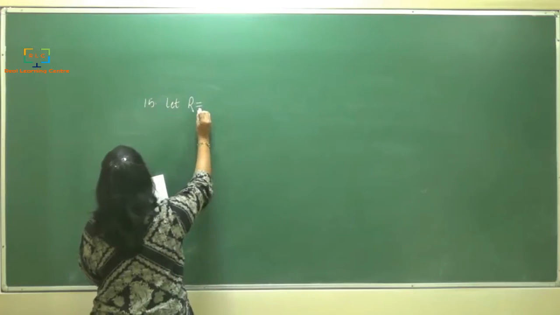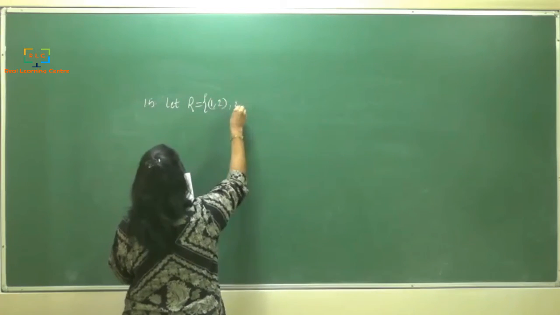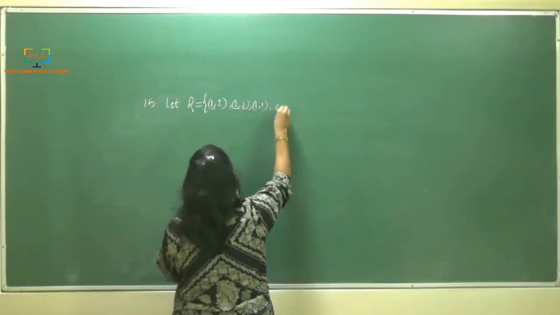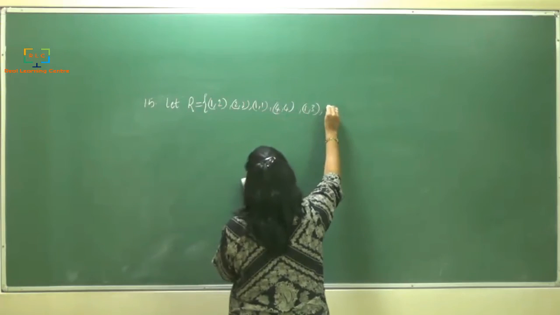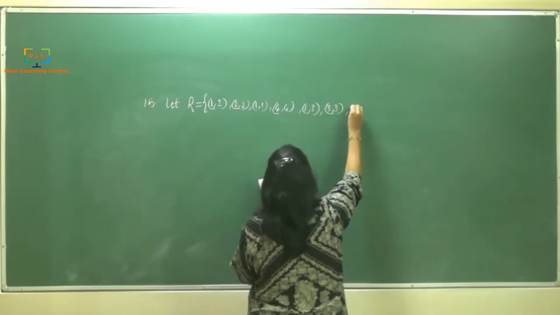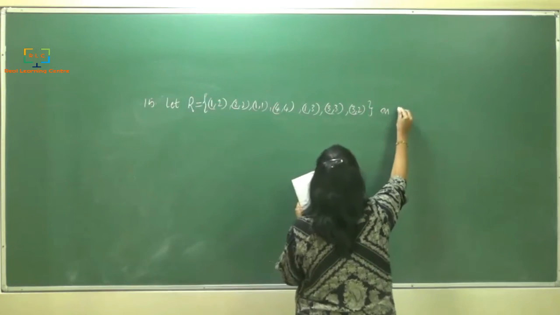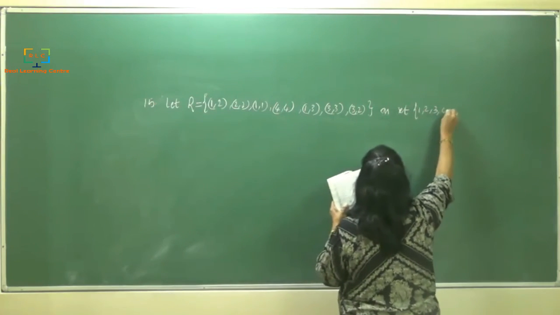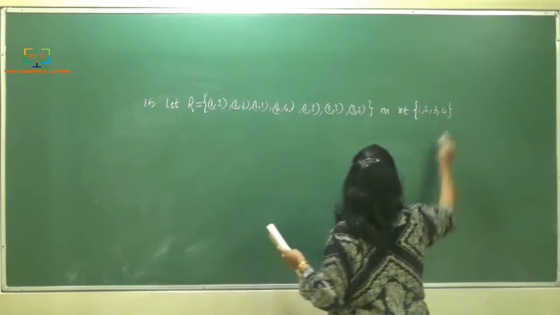See, your question number 15 goes like this. Let R be equal to, I am cutting short the question, {(1, 2), (2, 2), (1, 1), (4, 4), (1, 3), (3, 3), (3, 2)} on the set {1, 2, 3, 4}.